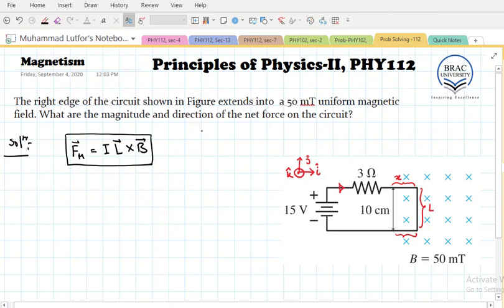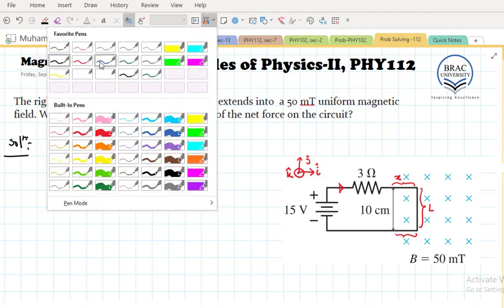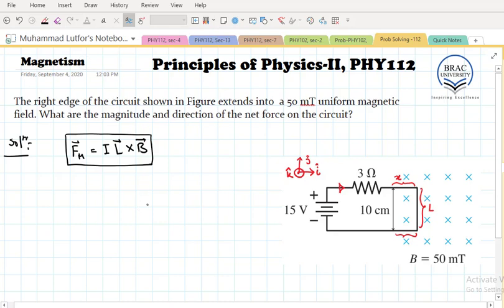Fine. For the first segment, we'll also use the right hand rule to find the direction of the force. We put our index finger along the first vector, which is the direction of the length, and the palm toward the second vector.